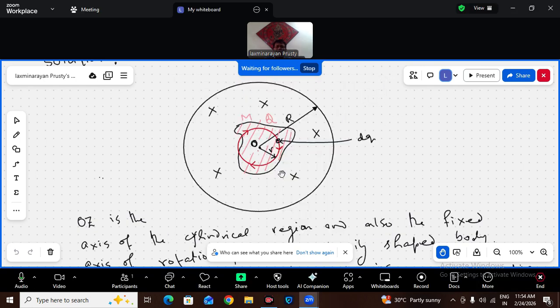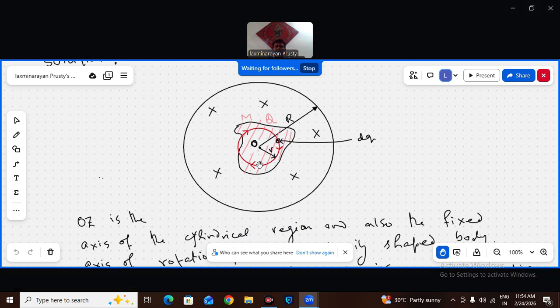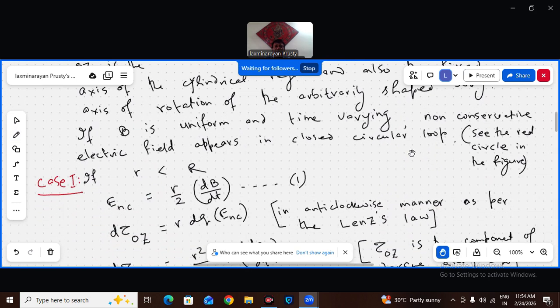I'll write it as E_NC. NC means non-conservative. Remember this. So non-conservative electric field appears in closed circular loop. To make it clear, I write it as E_NC.